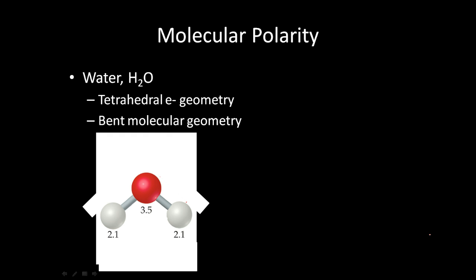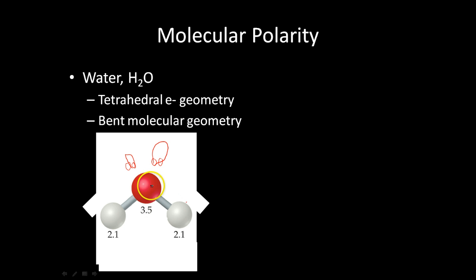So if you think about polarity for something like water, remember water has lone pair electrons up here, and we often draw those like this, and that's why water has this bent shape. The electron geometry is tetrahedral, but the molecular geometry is bent.